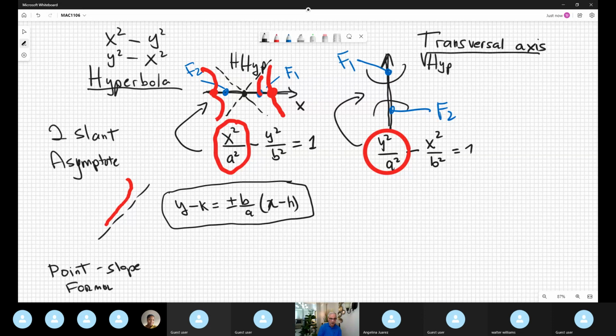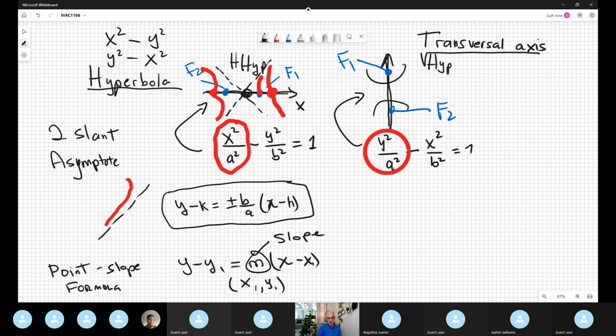I recall quickly, it's y minus y1 equals slope times parenthesis x minus x1. It's the formula that allows us to find the equation of a line when you have two pieces of information: a slope and one point, x1, y1. In this case, it's similar. You have a point, the center of the hyperbola, h, k.